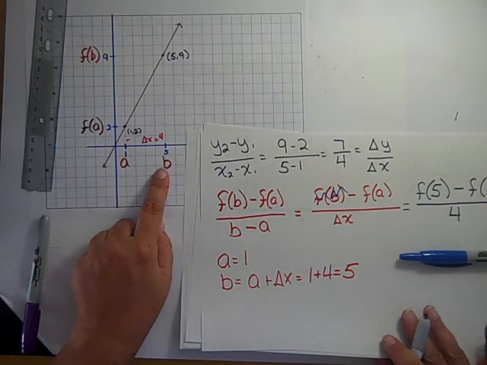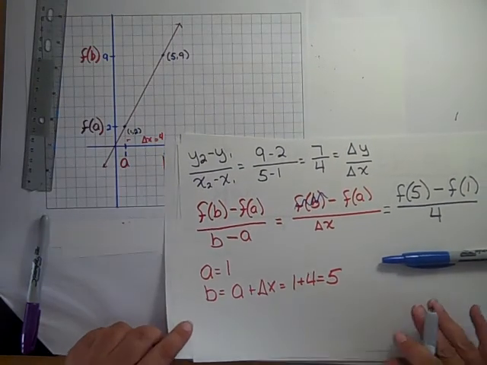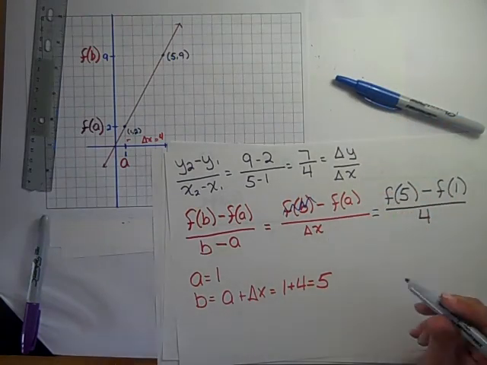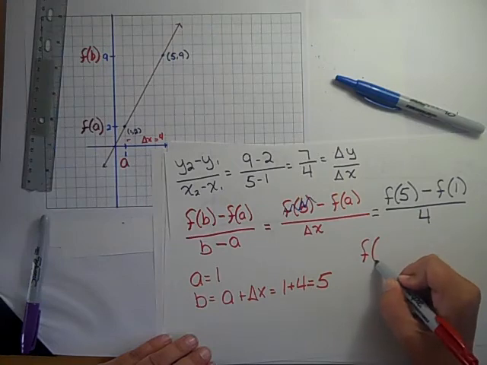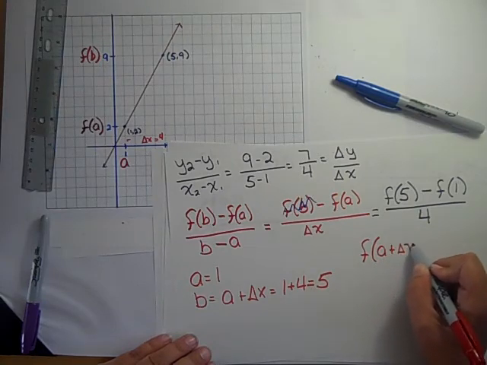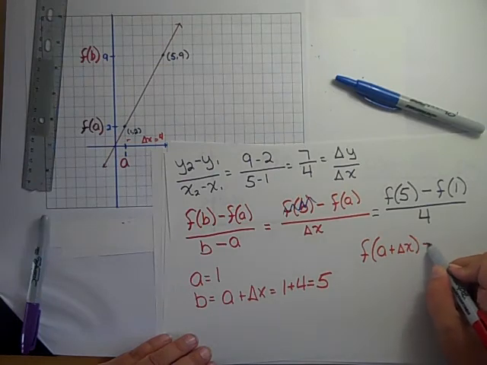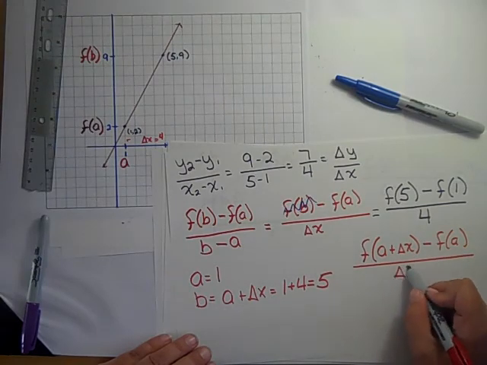B is always going to be a plus delta x. So we could actually rewrite this yet another way, which would be f of a plus delta x minus f of a all over delta x.